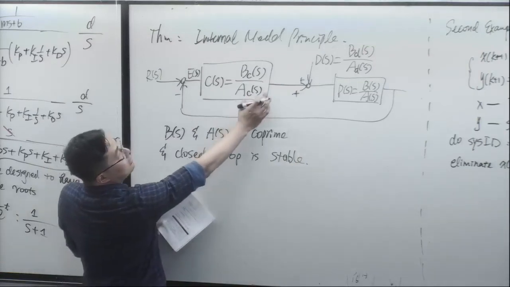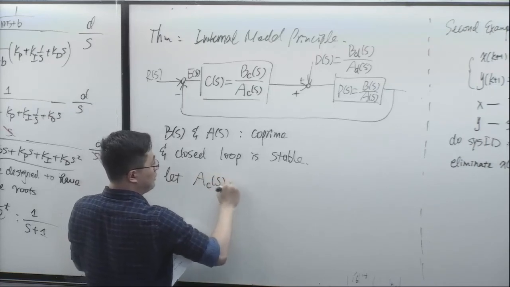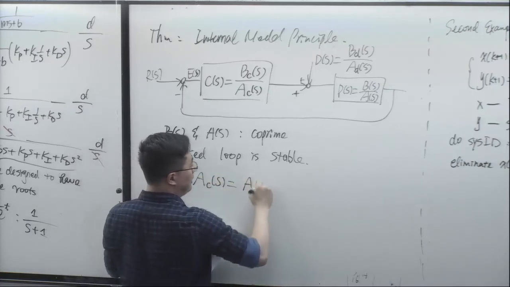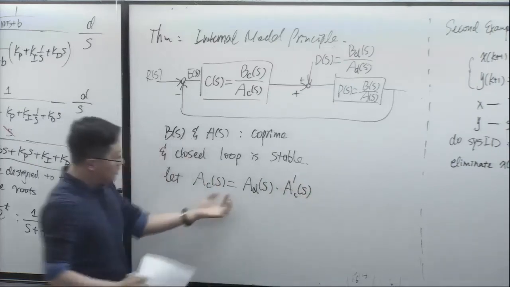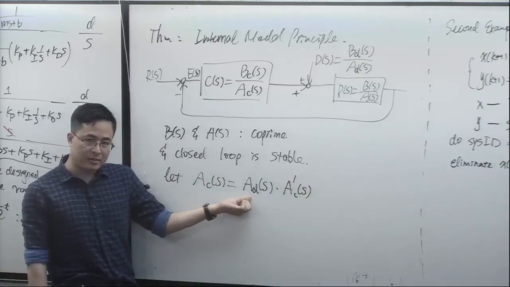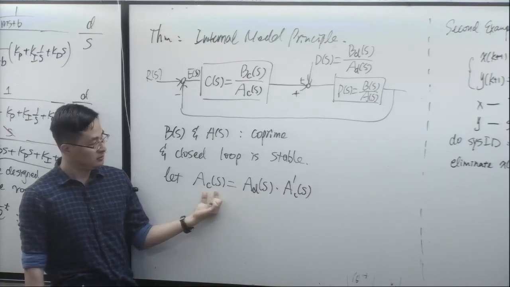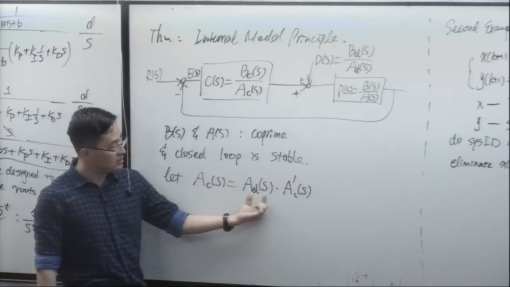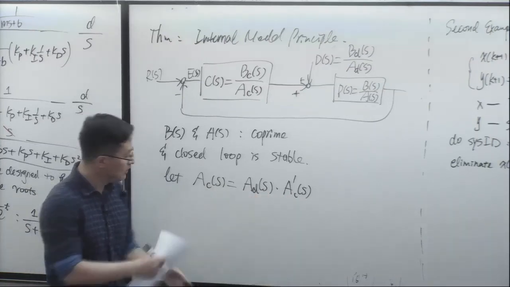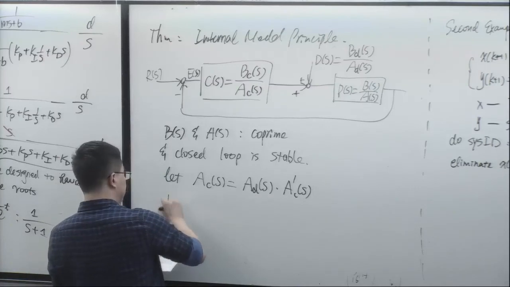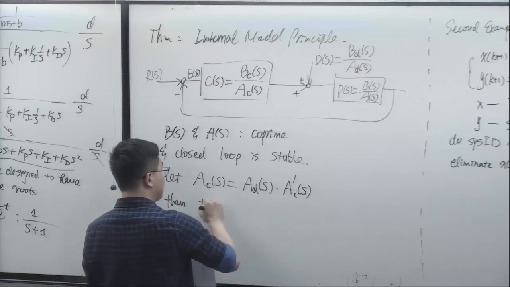And then it says, let's design the controller denominator A_c this way to contain the denominator of the disturbance dynamics. Okay, so absorb this, and then you can design something extra. But contain this inside, then the disturbance is asymptotically rejected.